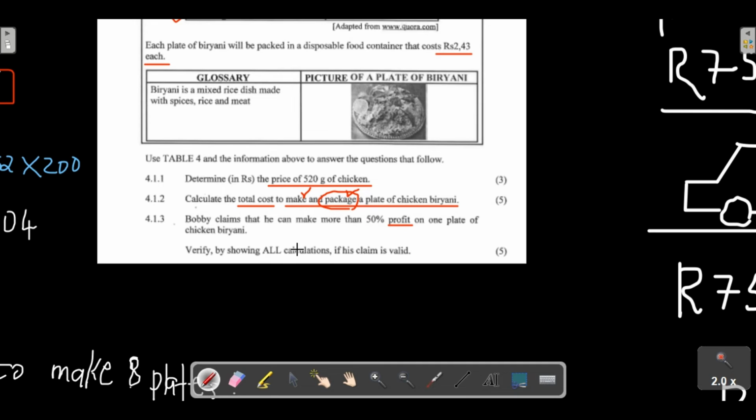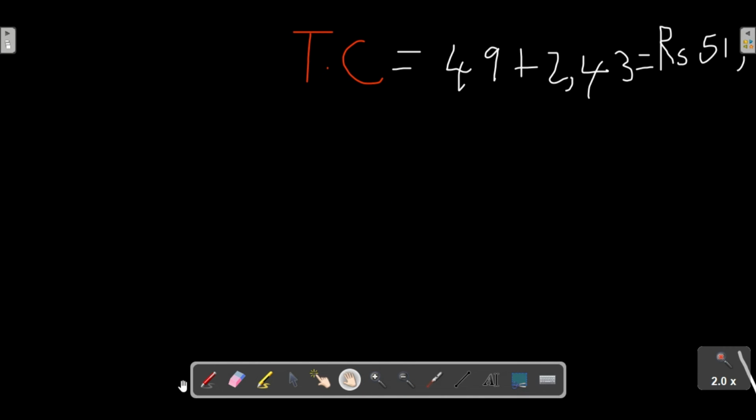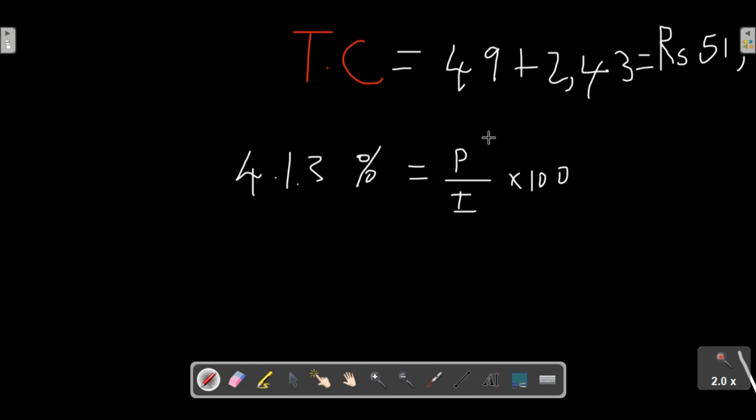So this is basically a question of profit margin. So for 4.1.3, first of all, we know that profit margin is equal to profit divided by income multiplied by 100, right? So the first thing we have to do is calculate these two.